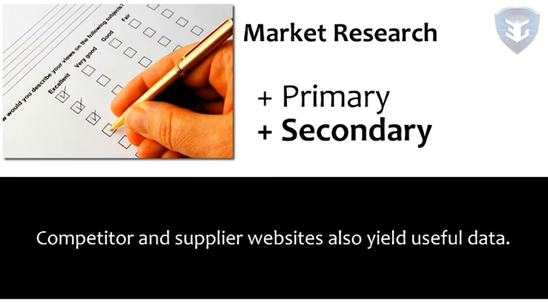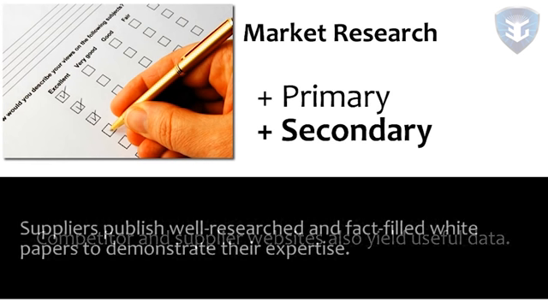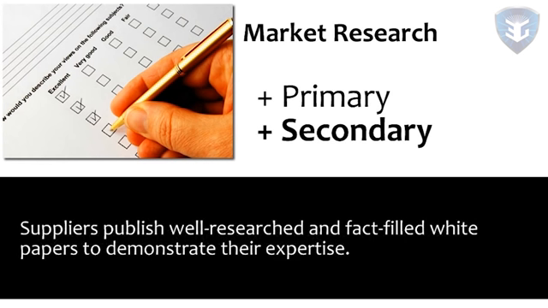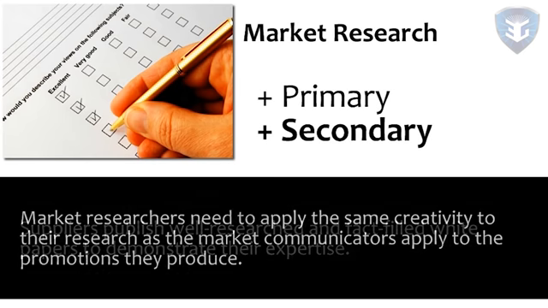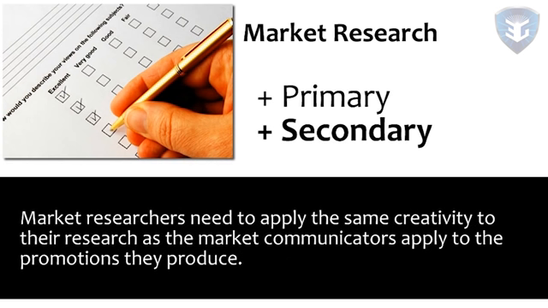In addition, competitor and supplier websites also yield useful information. In fact, today, suppliers publish well-researched and fact-filled white papers to demonstrate their expertise. Market researchers need to apply the same creativity to their research as the market communicators apply to the promotions they produce.